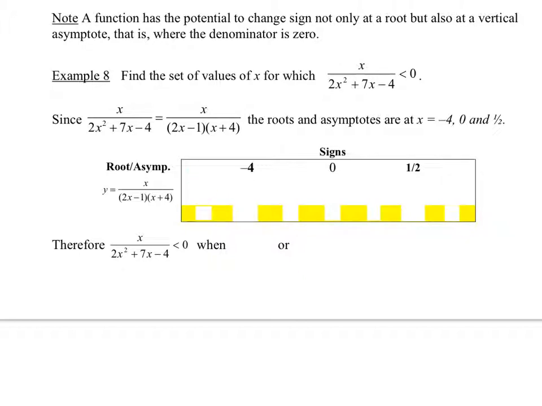If you take a value of x equal to, for example, negative 5, the top is going to be negative, the 2x minus 1 is going to be negative, and the x plus 4 is going to be negative. You could write that like this. We've got a negative on the top, from negative 5, and this part is negative, and this part is negative. Negative divided by a positive on the bottom is going to give you a negative.